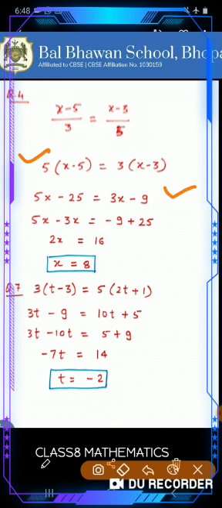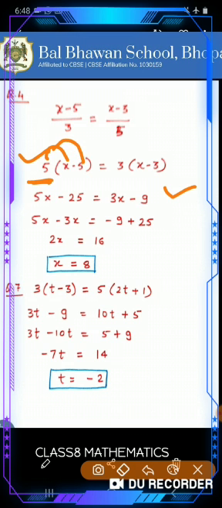Here, children, I wanted to tell you one thing which is very important. The number which is written outside the bracket will be multiplied with all the terms written inside the bracket. You people make this mistake: you just multiply the number with the first term and write all the rest of the terms as they are.